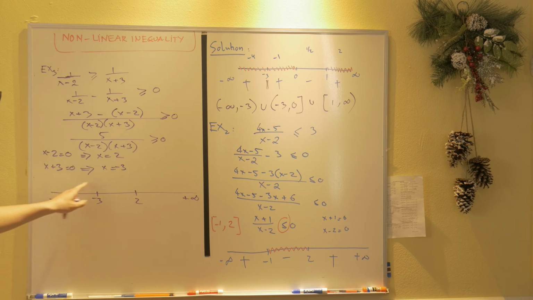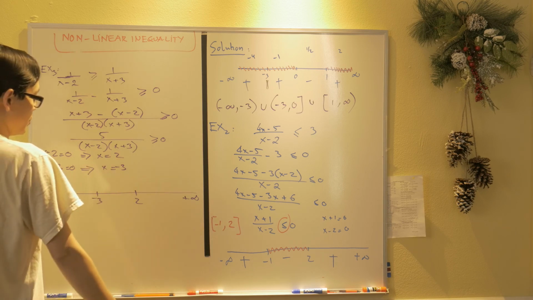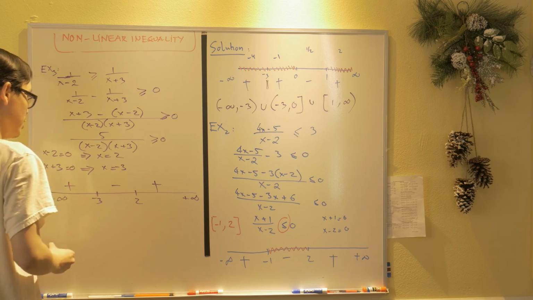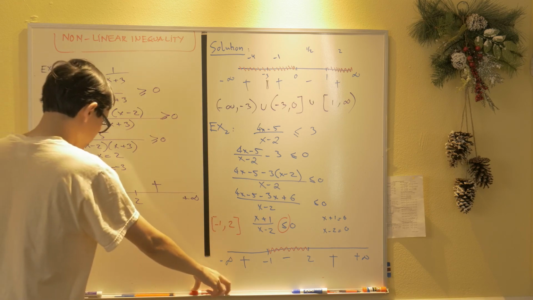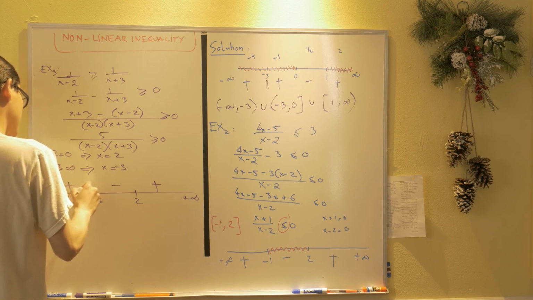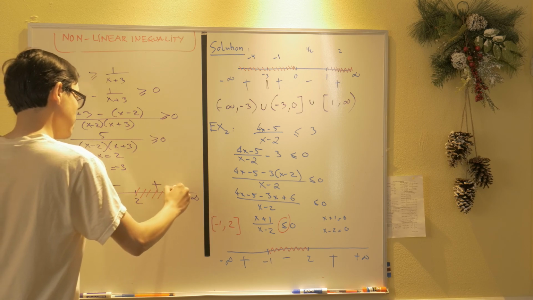You have 3 intervals, and you can plug any value inside an interval. I'm not doing that, that's your job. You plug it in, and you will see that this is positive, negative, positive. And you just take the one that's positive, so you take this interval, and you take this interval.